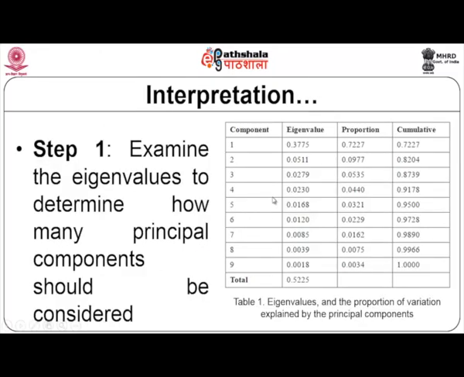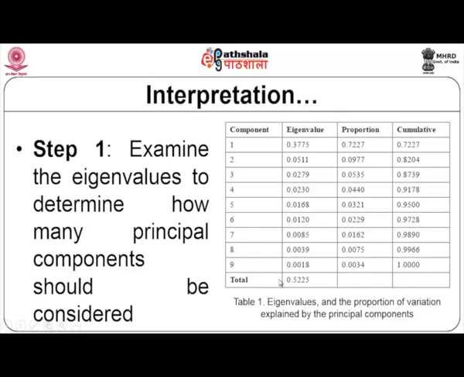First thing is, you will have to examine the eigenvalues to determine how many principal components should be considered. So, the eigenvalues for each and every one of the attributes are displayed here. Now, you should understand among these 9 attributes, which are those attributes that are very much essential for analyzing the data.